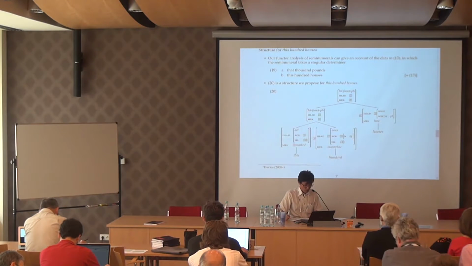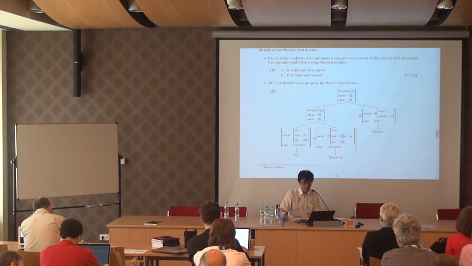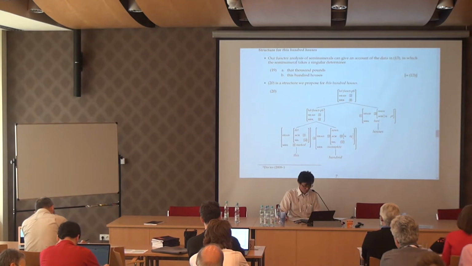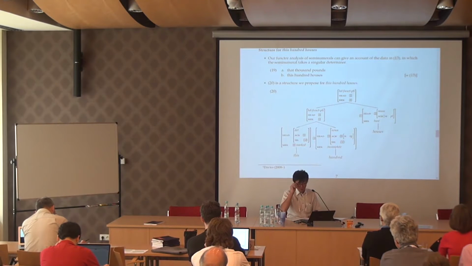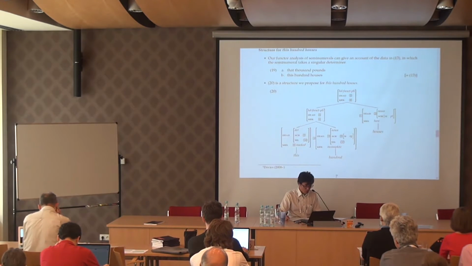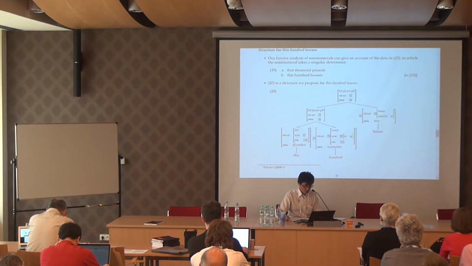Here, the seminumeral takes a singular determiner, and 20 is a structure for this 100 houses. In this structure, the seminumeral combines with the determiner as a head functor phrase. In this case, the determiner should be singular because the head daughter 100 is singular.